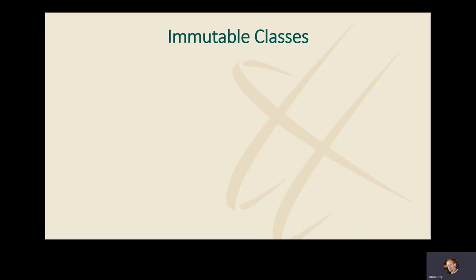Immutable, mutate, mutator. We're going to get to that term later on, but it means to change. So immutable classes cannot change. You are more familiar with these than you might think.